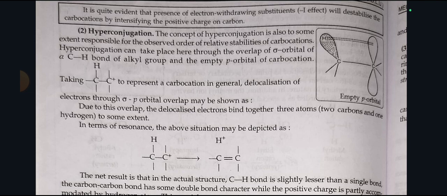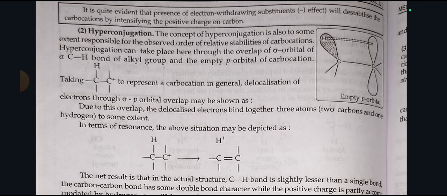Second, hyperconjugation. The concept of hyperconjugation is also to some extent responsible for the observed order of relative stabilities of carbocations. Hyperconjugation can take place here through the overlap of sigma orbitals of the alpha C-H bond of the alkyl group and the empty p orbital of the carbocation.